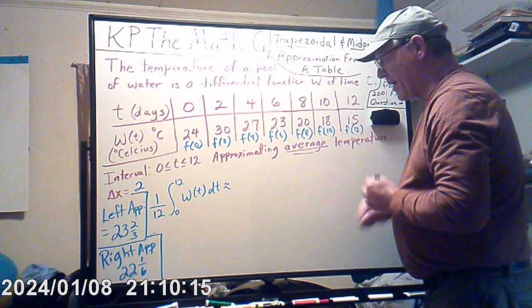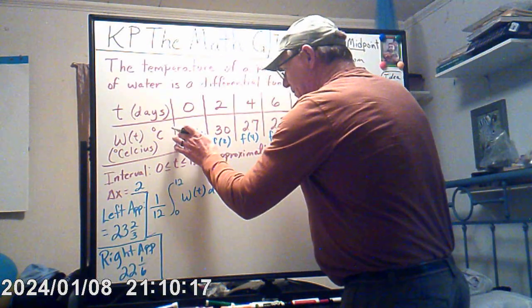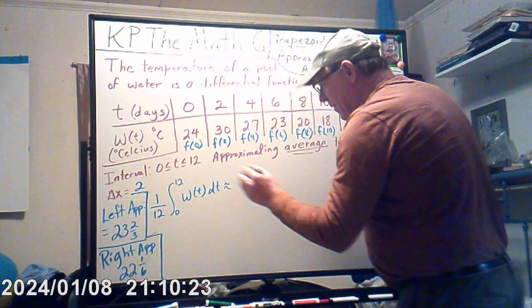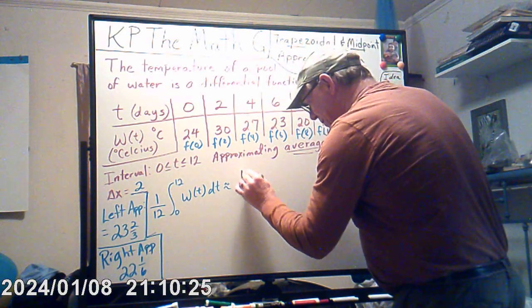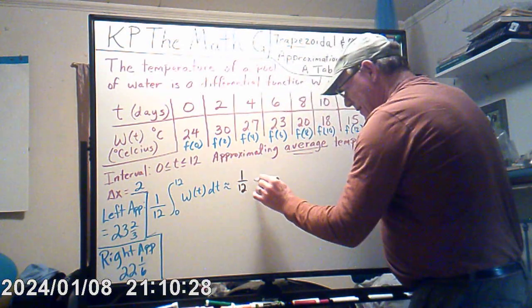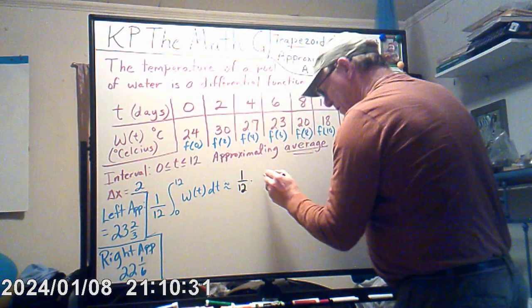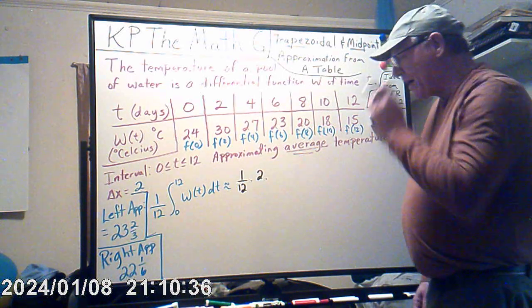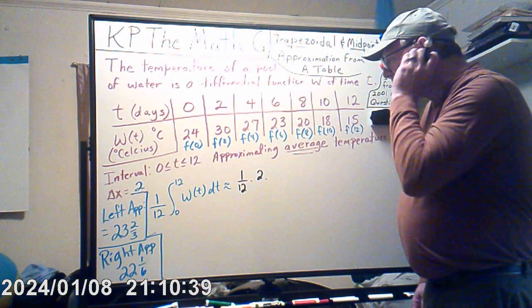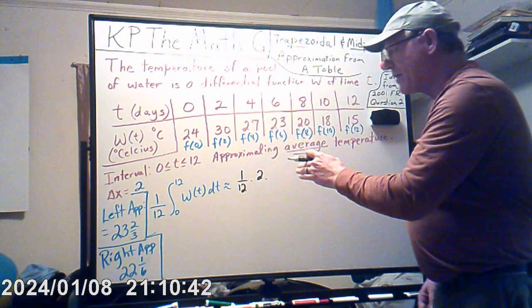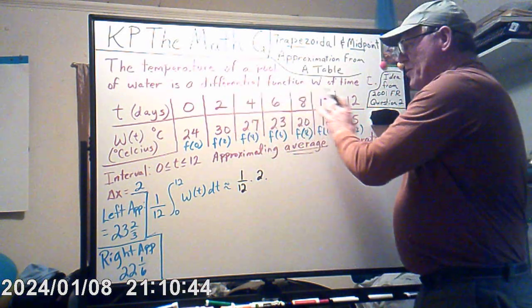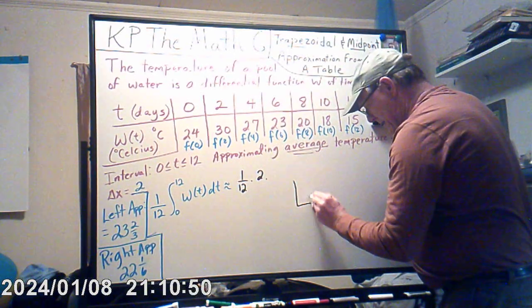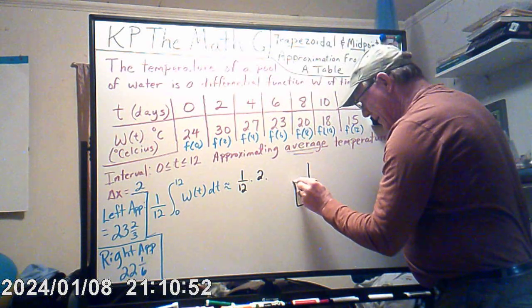Let's see, the rule is that you just take the first one, which is F at 0, which is 24. Now, oh yeah, it is 1/12 times delta x, which is 2, times what? Oh yes, we are dividing by 2 each time on your trapezoidal. You remember the rule on the trapezoid. A trapezoid would look something like this.